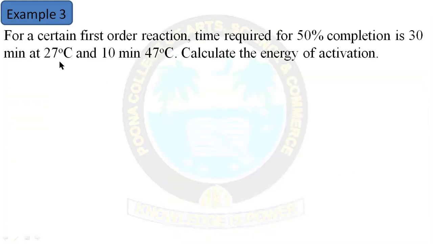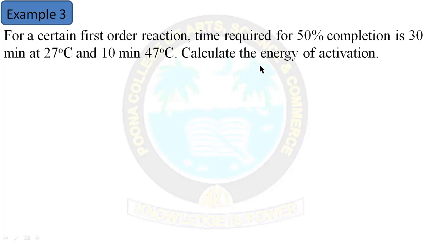In the third type of example, first of all, what must be noted is the reaction is of first order and you are given the half-lives at two different temperatures. Time required for 50% completion is nothing but half-life. Half-life of the reaction at 27 degrees centigrade is 30 minutes and at 47 degrees is 10 minutes.